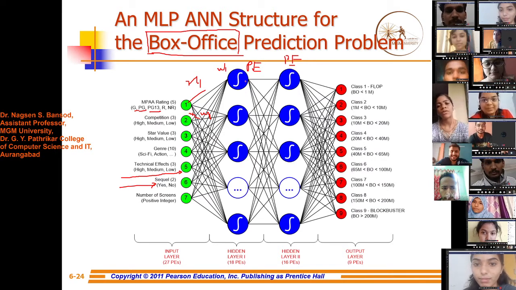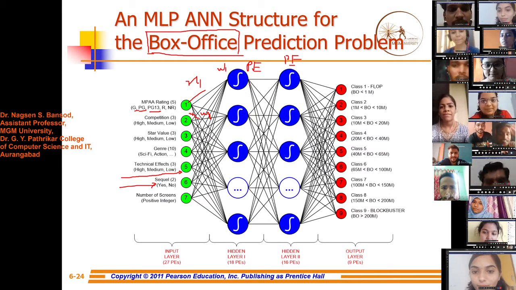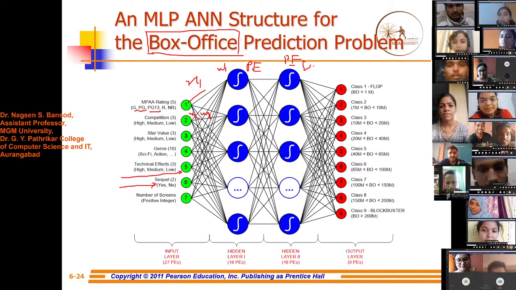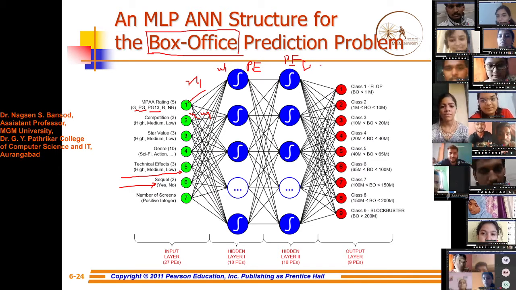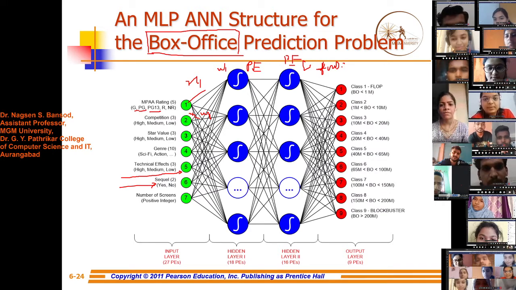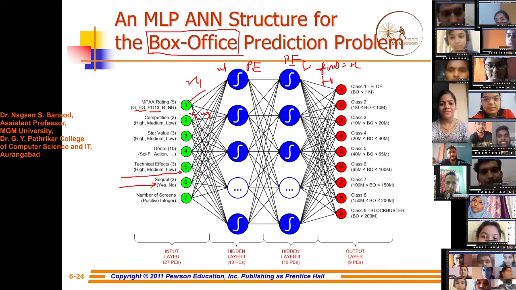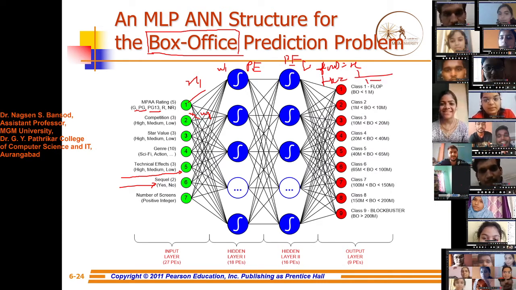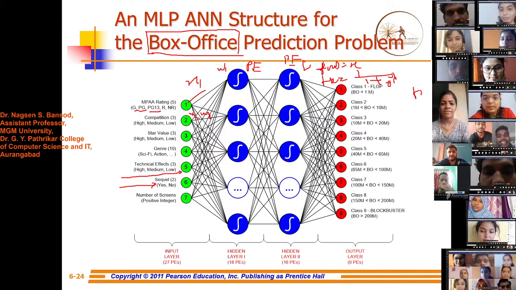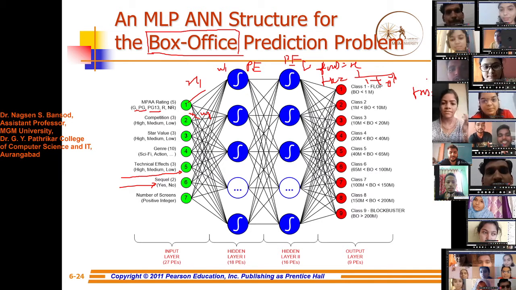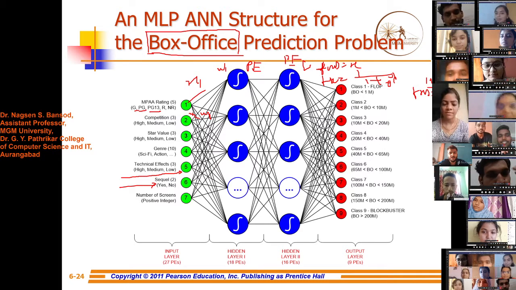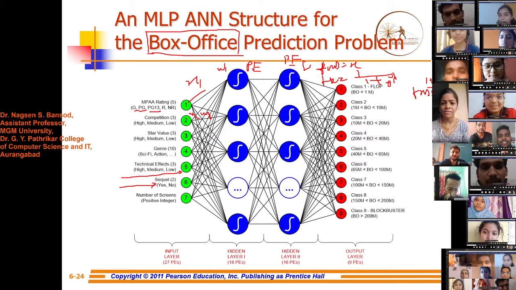And this value in the hidden layers, we again add to our function, like sigmoidal function, Gaussian function, linear function like f of x equal to x, or f of x equal to 1 upon 1 plus e raised to minus lambda x, or bipolar sigmoidal function, means f of x equal to 1 minus e raised to minus lambda x divided by 1 plus e raised to minus lambda x.